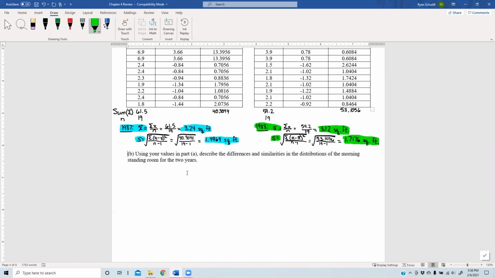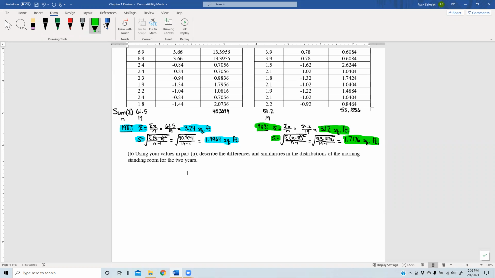So yeah, they were trying to increase square footage. They actually decreased it just a little, but they're pretty similar. But notice how the standard deviations changed. The standard deviation in 1988 is decently bigger, by about a quarter of a square foot.